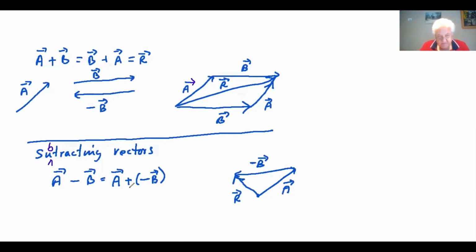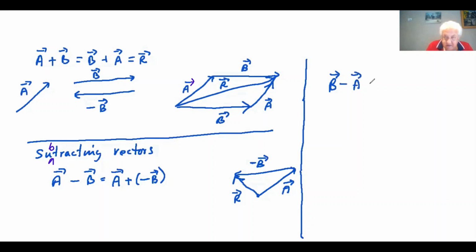Of course, reversing this will not give me the same answer. Let me try the other way around. Let's see what happens if you try B minus A equals R. Let's see what this one looks like. This time I take B and I take minus A. It's supposed to be the same direction, just not very well drawn.